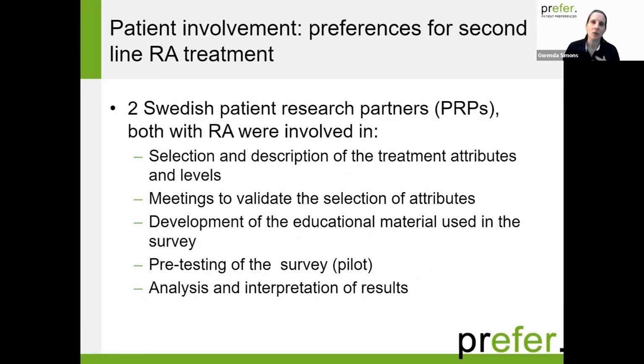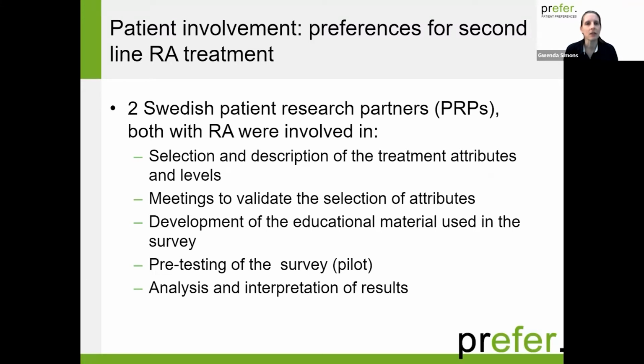So I'll start off with giving you a little bit of a flavor for the patient involvement in Karen's study, the preferences for second-line RA treatment. In her study, she worked together with two Swedish patient research partners, both of whom have rheumatoid arthritis. They were involved in the selection and description of the treatment attributes and levels, the factors that affect choices and preferences for treatment.